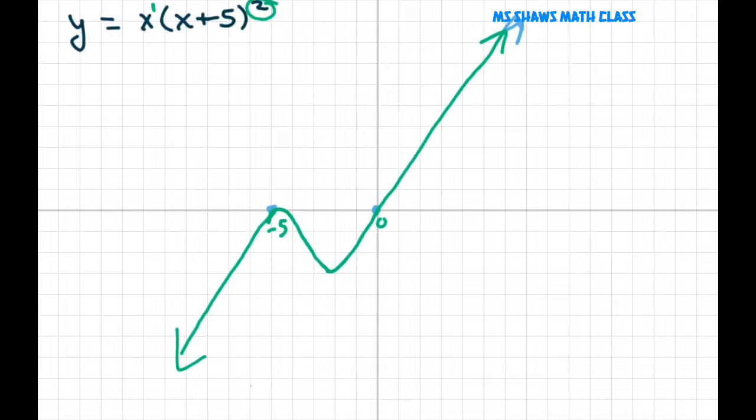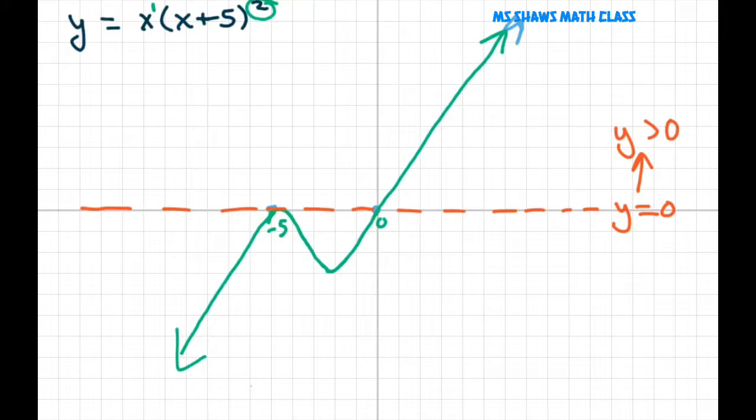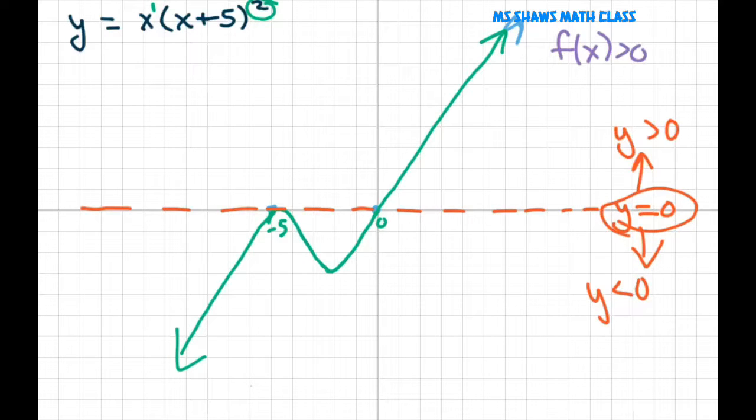And the last thing we need to do here is determine our intervals where our y is above this y equals 0, and also where our y is below this y equals 0 here. So where our f of x is positive is right here, from 0 to infinity.